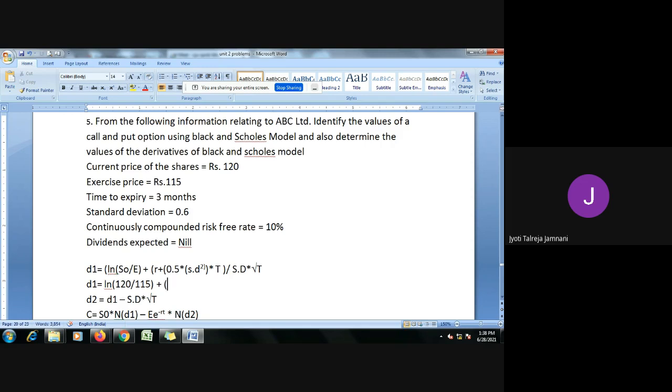Rate of return is 10%, 0.1, plus 0.5 into standard deviation square. Standard deviation is 0.6, so we have to find the square of this, into T. Time is 3 months, so 3 by 12. The whole divided by standard deviation 0.6 into square root of T.